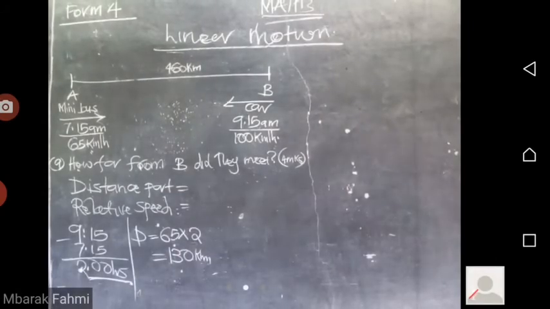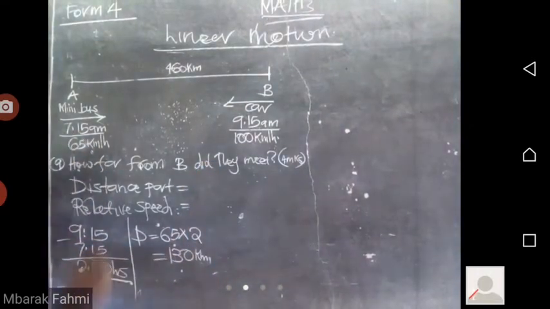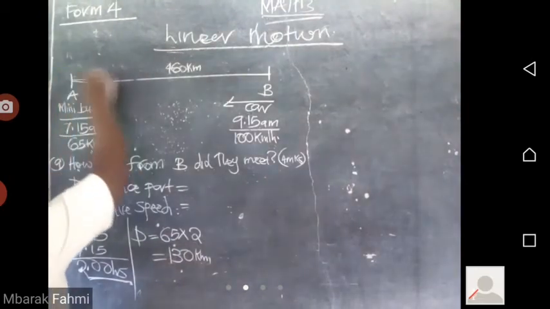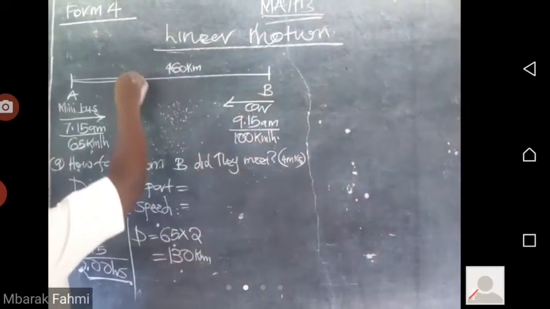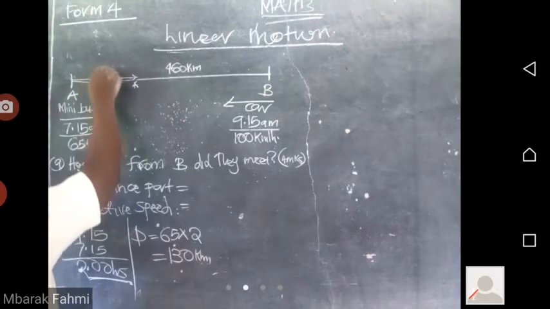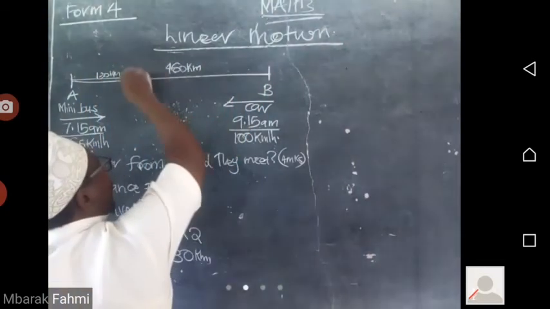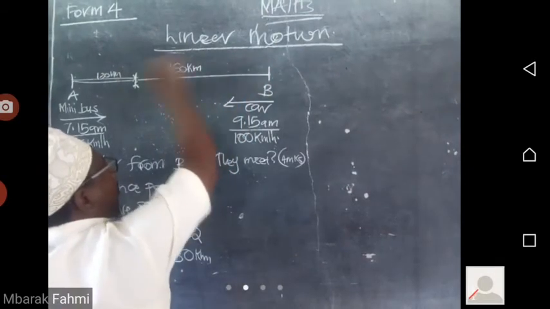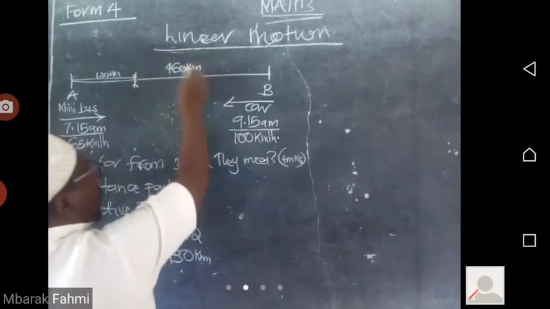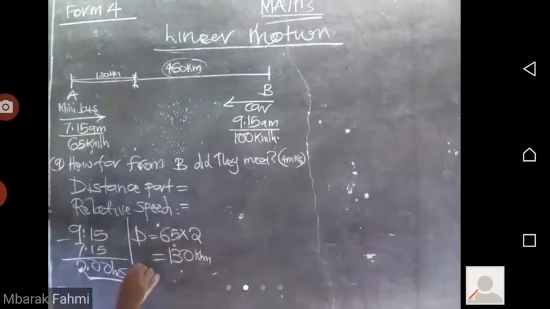So now it has covered 130 kilometers. How far were they from each other? It will be the total distance, which is 460 minus 130, for us to know the distance apart.